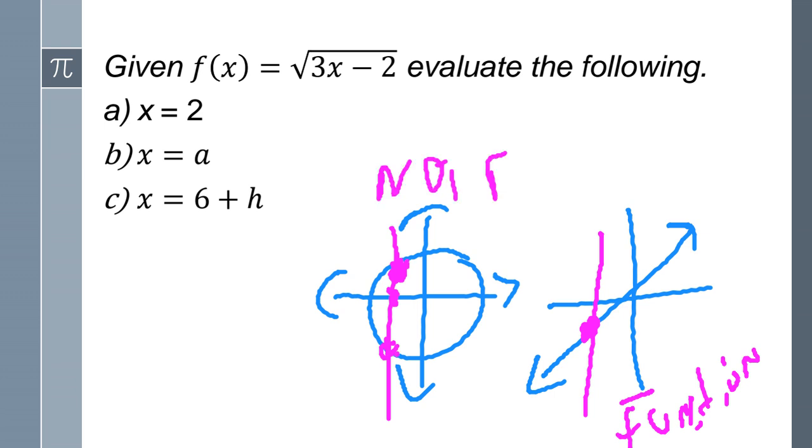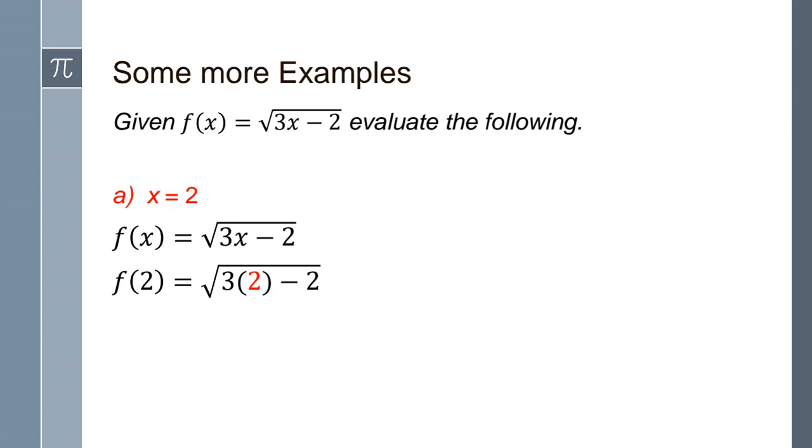That was using a graph. But now what we want to do is evaluate functions. Let's say you have this function, f of x is equal to the square root of 3x minus 2. And you want to know if x is 2, what is your function going to give you as an output? Anywhere you see an x, you're going to replace it with the number 2.